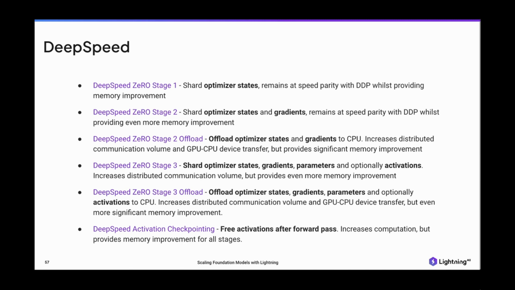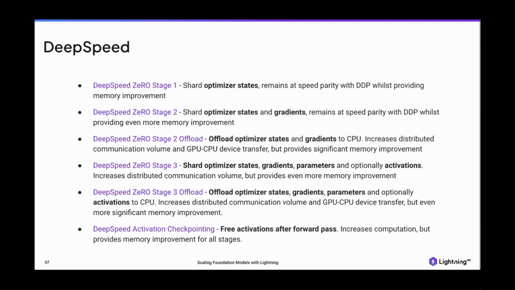Now, if your model is too large and still doesn't fit, then the next thing you would do is shard the optimizer state and gradients. This remains at speed parity with DDP, with more memory improvement, and this is because the gradients are synchronized rather infrequently compared to others.